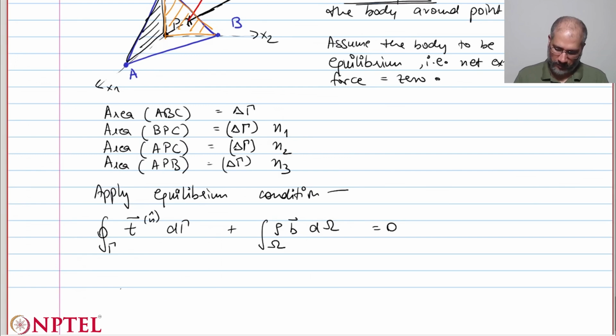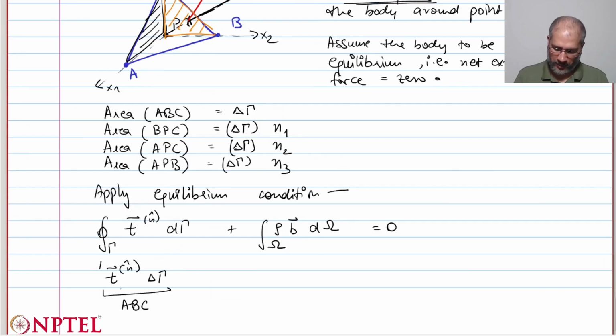So this becomes T n hat times delta gamma, that is for surface ABC, I'm assuming that the traction vector does not change on the surface ABC.